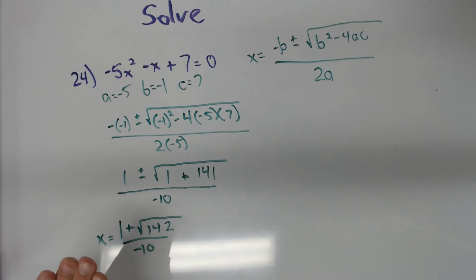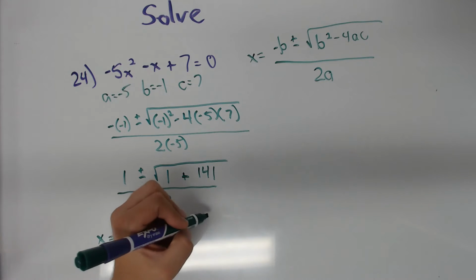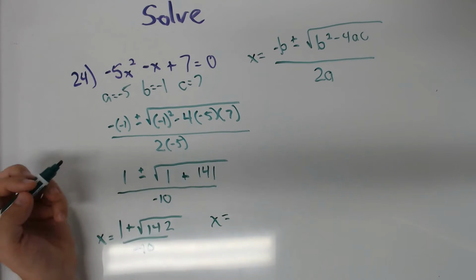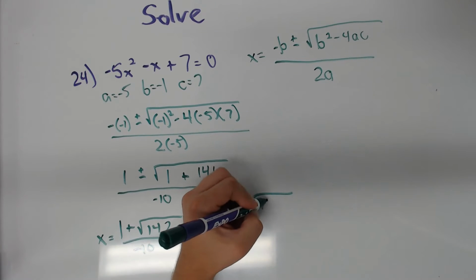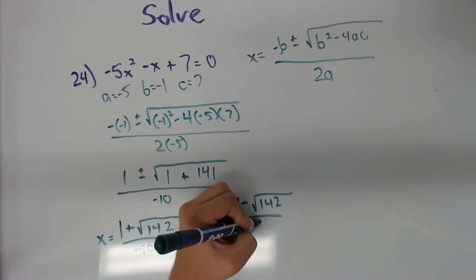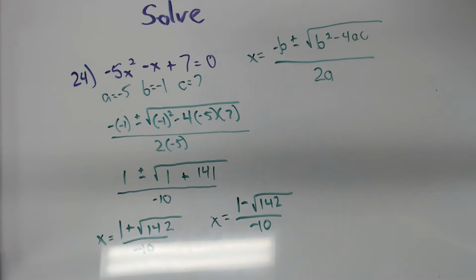I know it's in the glare. Then the other one is 1 minus square root of 142 over negative 10. So I'm going to pause the video and get the decimals written down too, just so you can see them. So these are the decimals I get, negative 1.29 and 1.09.